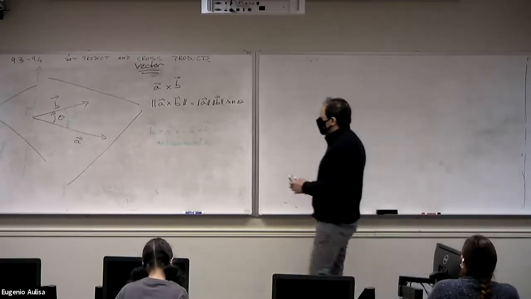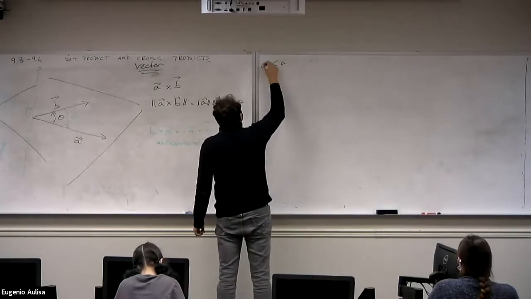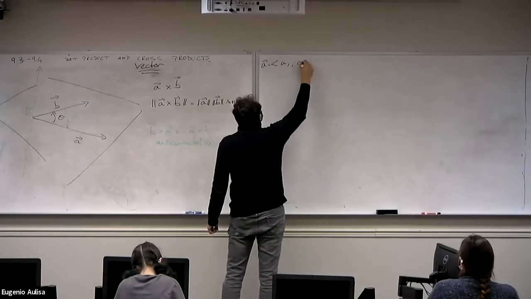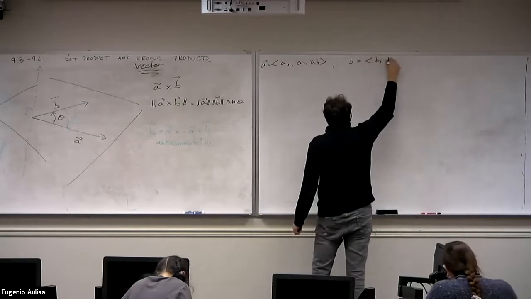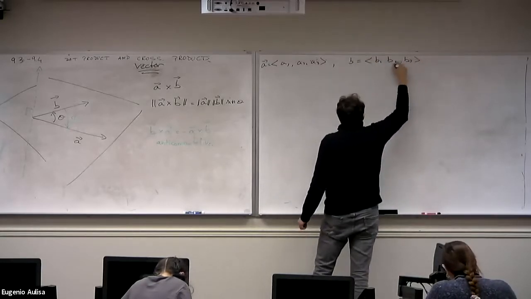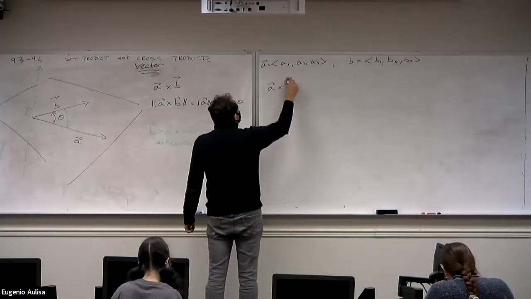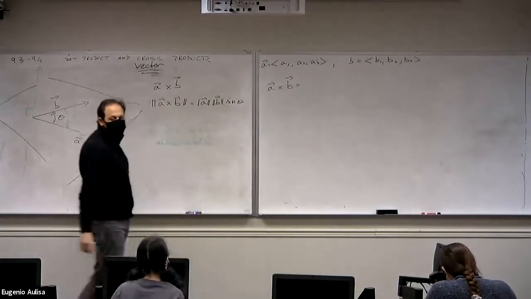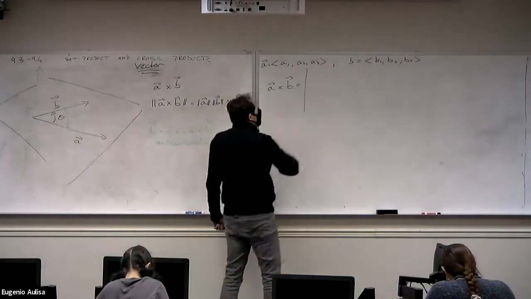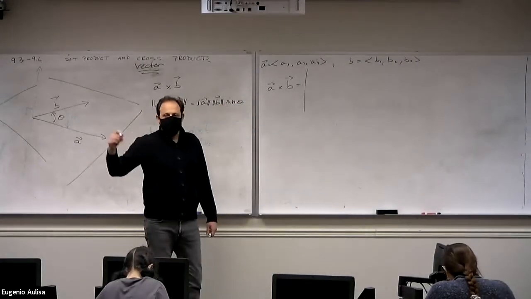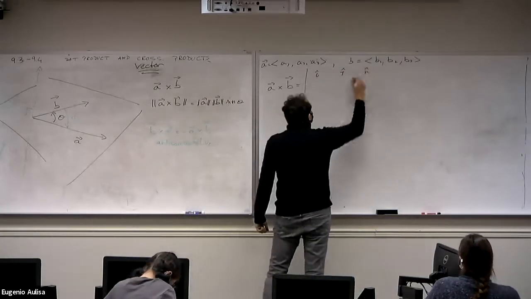Again, it can be proved that if you have a vector A of components A1, A2, A3, and a vector B of components B1, B2, B3, A cross B is the determinant of the 3 by 3 matrix where on the first row you have i, j, k, the unit vectors parallel to x, y, z.